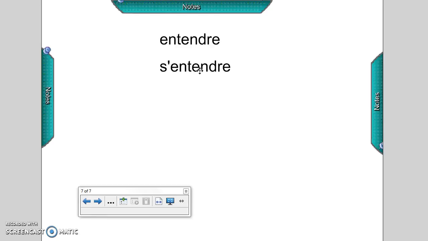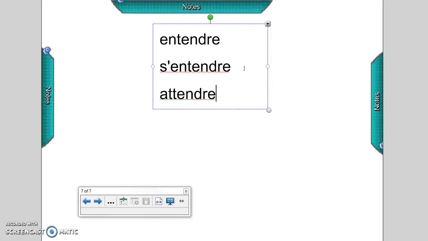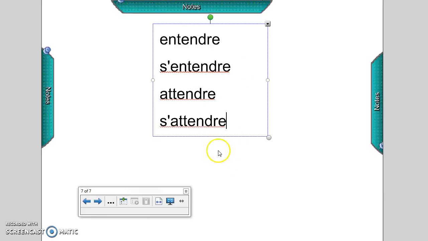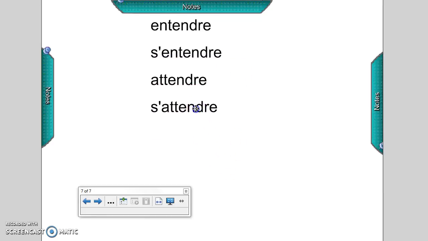And that's actually kind of the word picture, because s'entendre actually means to get along. So the idea is that you hear each other, you get along. So the meaning changes completely. Another one is attendre, which means to wait or to wait for. And when the verb is made reflexive, the meaning changes to expect. So sometimes that reflexive pronoun does completely change the meaning.